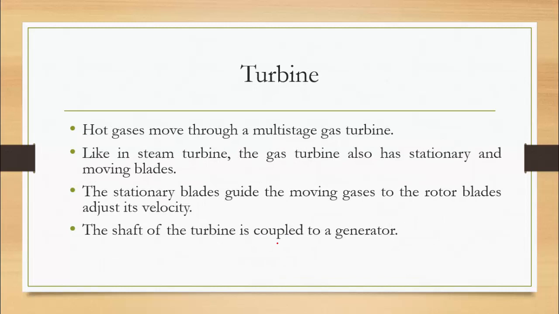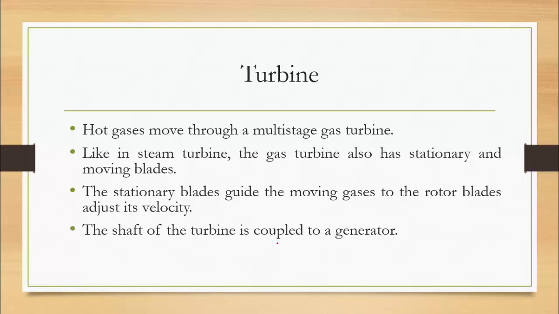In the turbine, hot gases move through a multi-stage gas turbine. Like in a steam turbine, the gas turbine also has two types of blades, that is stationary blades, also called guide blades, and moving blades. The guide blades are used to guide or adjust the velocity of the inlet exhaust gases.